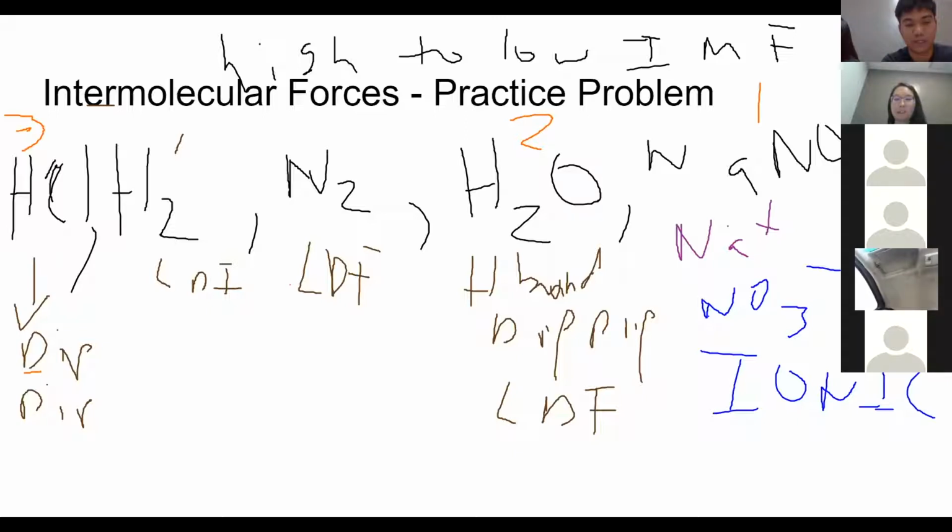N2 will have more electrons than hydrogen. So nitrogen would be 4, and hydrogen would be number 5. So that's the order from high to low: sodium nitrate, H2O, HCl, N2, and H2.